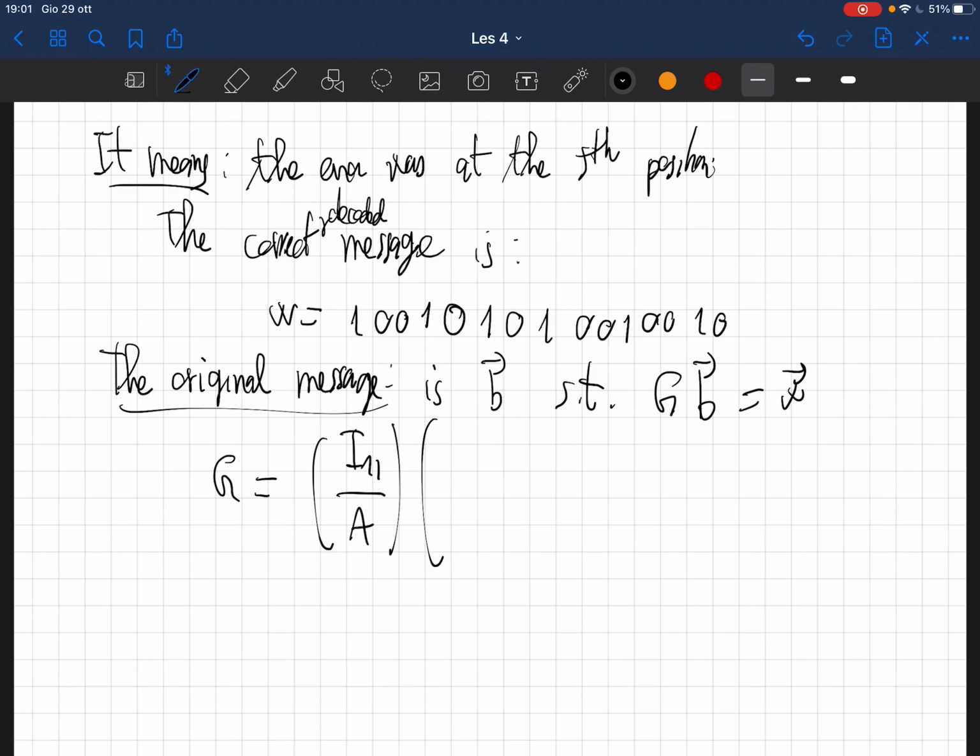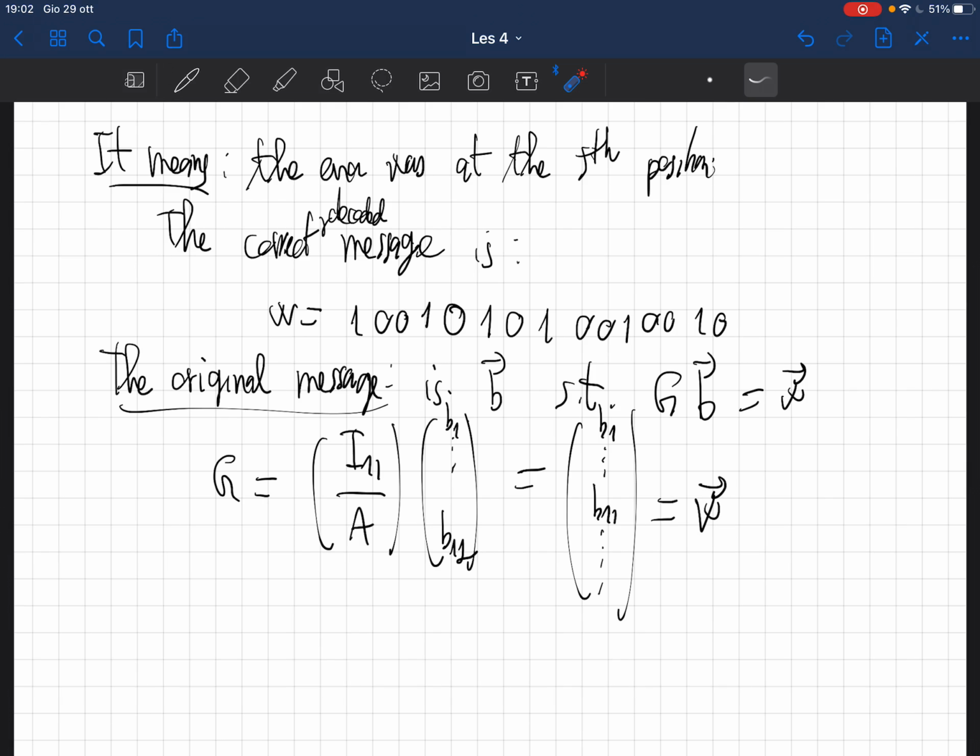So if you apply anything to this, like let's say it's a B1 to B11, then you get some W, but it's immediate to say, since here you have the identity matrix, then you have something which is again B1 to B11 here, and then there is something else, and this is W. So actually W in the end is just the first 11 digits of B. So you can conclude that B is just the first 11 digits.